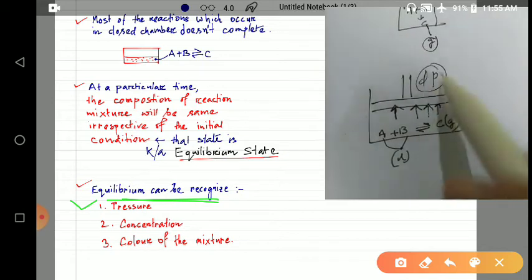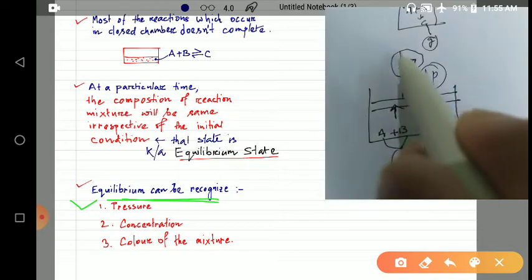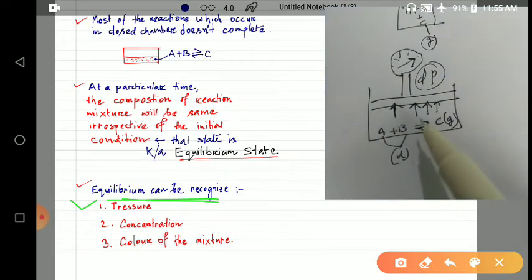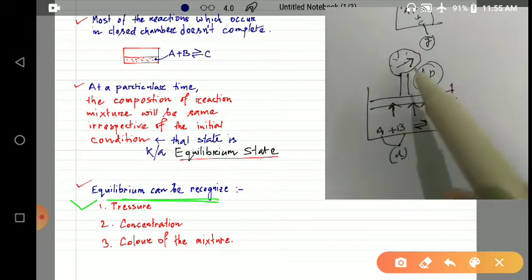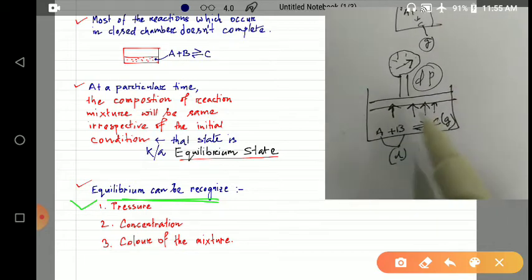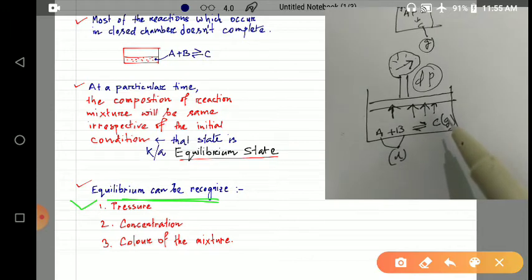If you put a pressure gauge here, then you can calculate the pressure obtained from that reaction. Now at the equilibrium position, no new gas will form.